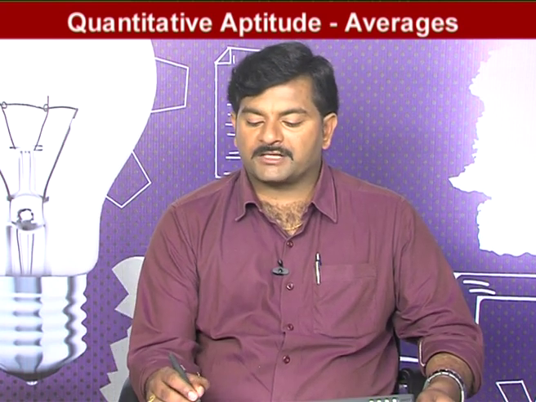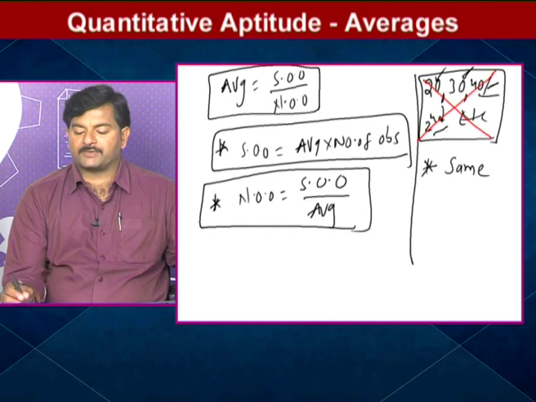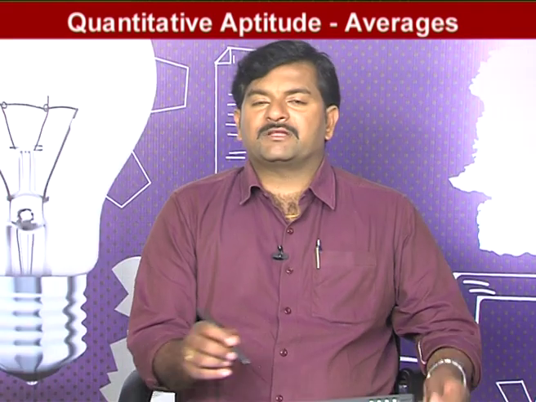The basic rule is, to find out the average of the given observations, whether 2 or 3 or 4 or 5, they must be in the same units: all in marks, or all in rupees, or all in ranks. Then only can we find out the average of the given objects.